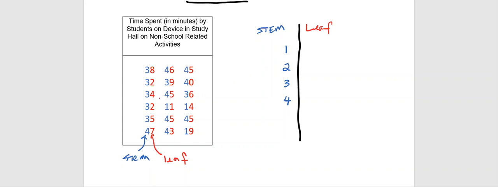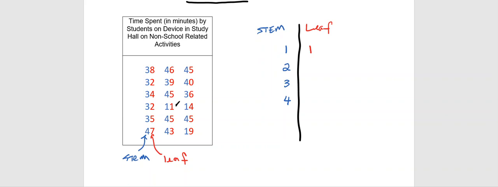So this value of 11 is the lowest value I have. So the 1 in blue is the tens place, and the 1 in red I'm going to list over here is the ones place. So we would read this 1 and this 1 together as 11. That represents this piece of data right here.